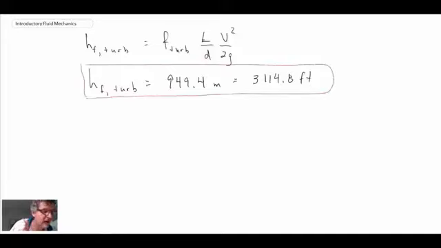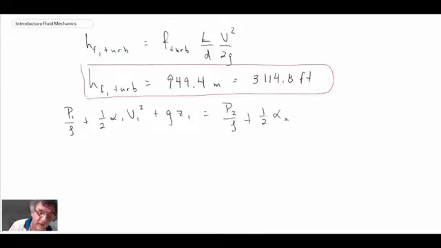Now for the pressure drop, what we're going to do is go to the energy equation. So let's write out the energy equation. And remember, we have the kinetic energy coefficient alpha in the energy equation when we're dealing with pipe flow.